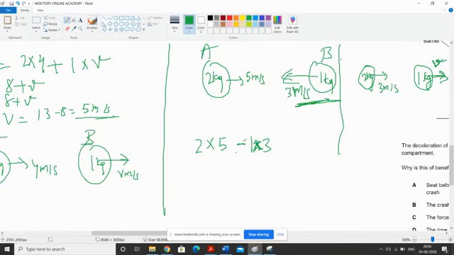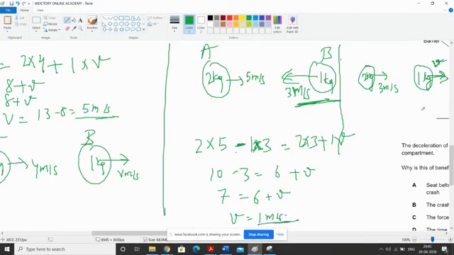So here it is moving towards left, that's why we write it with a negative sign, equals 2 multiply 3 plus 1 multiply V. So here we got 10 minus 3 is equal to 6 plus V. Okay, so 7 equals 6 plus V. So V is equal to 1 meter per second. As we are getting a positive value, it means the direction we assumed, that it's moving towards right, is correct.